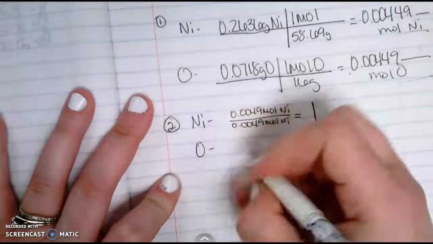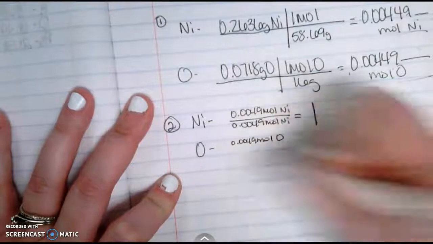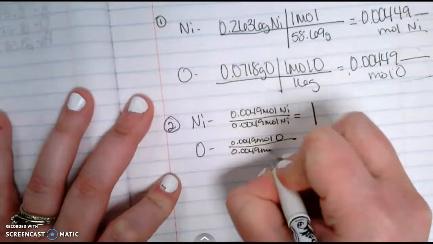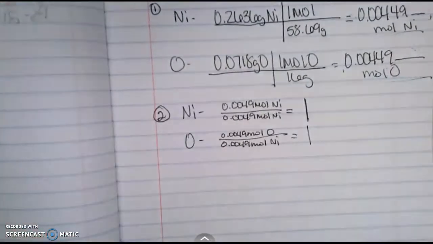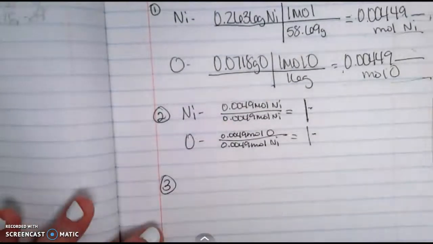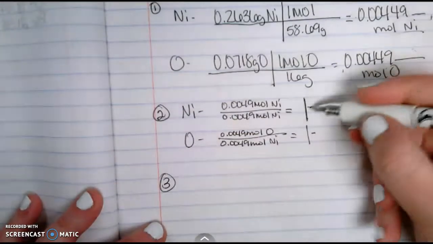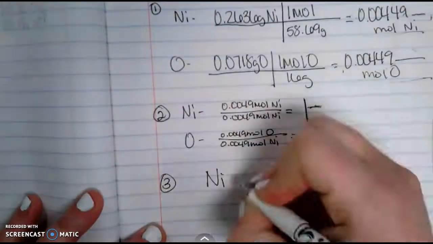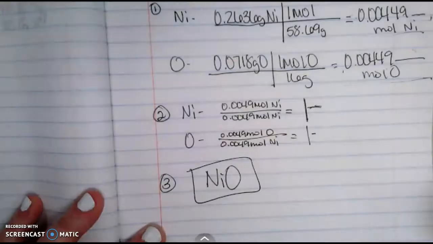Now when we do oxygen, we're going to divide it also by nickel, and that gives us 1 there as well. So we're going to use these numbers to make our empirical formula. What this means is that for every 1 nickel, I have 1 oxygen. And that is our empirical formula.